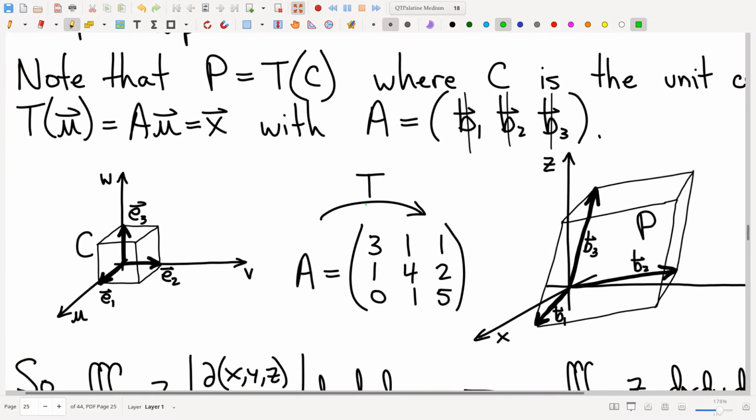How to see that? Well, let's just think about where does this edge go? What happens when I take E1 and plug that into this linear transformation? Well, plug in E1, I've got a matrix times a standard basis vector.